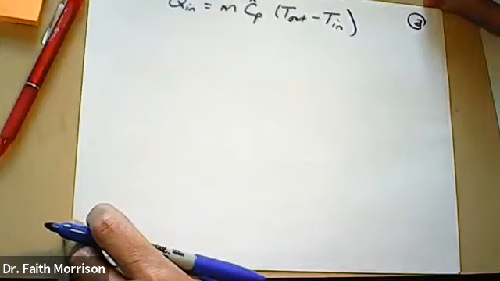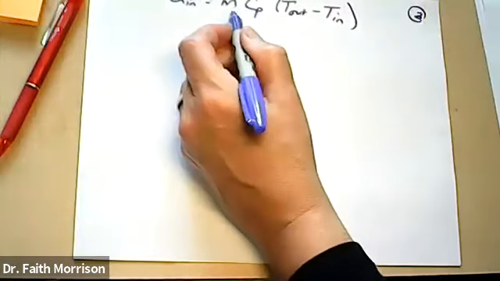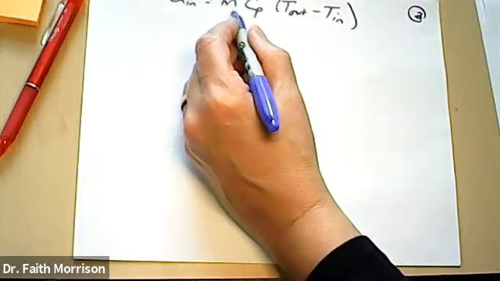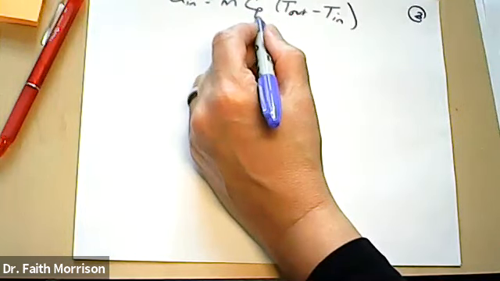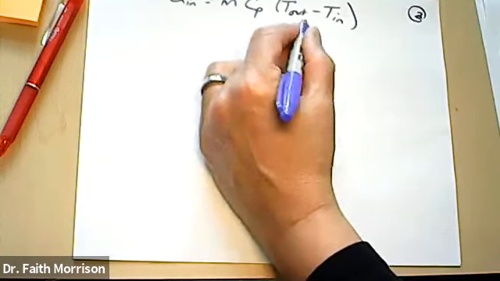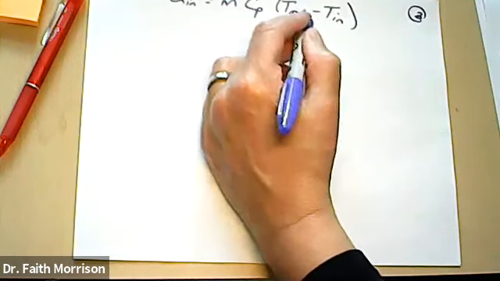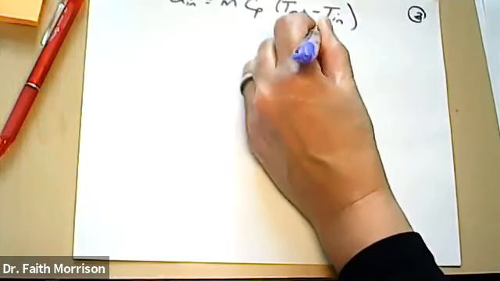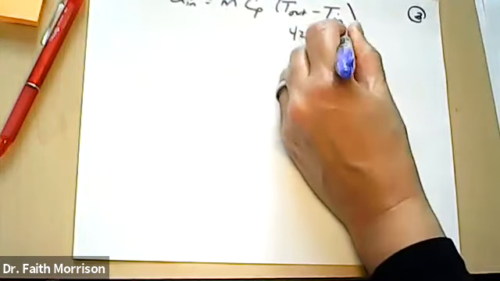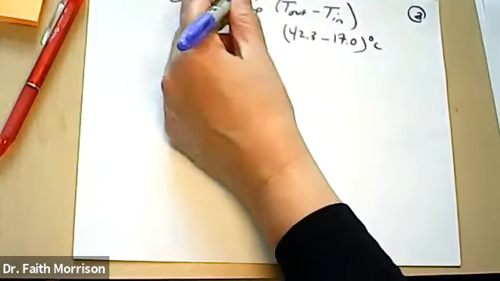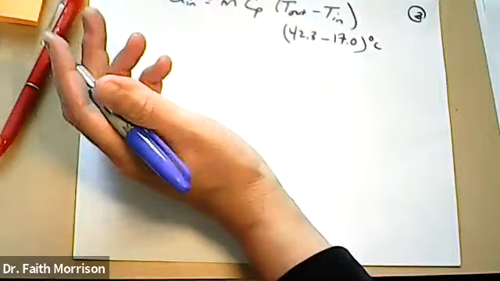We need the mass flow rate of the water, which we need to get from the gallons per minute, 3.4 gallons per minute. We need the heat capacity of water, and we need the temperature out, which we know is 42.3. The temperature in is 17.